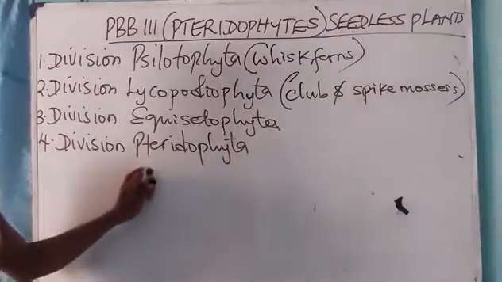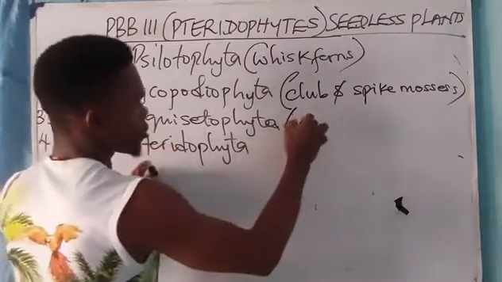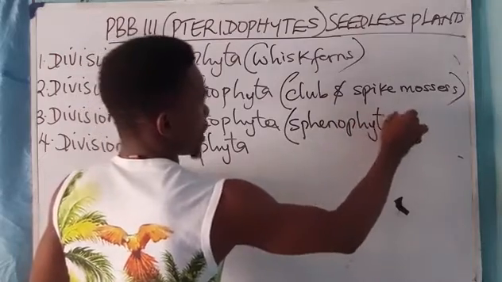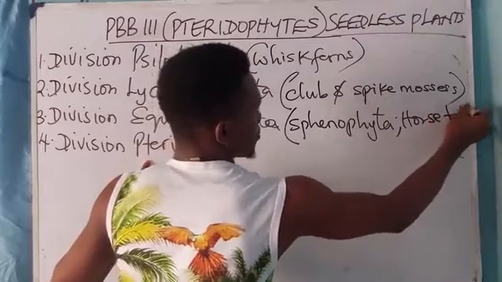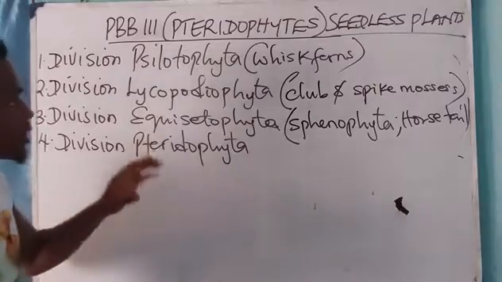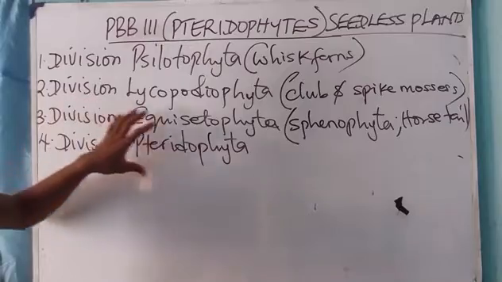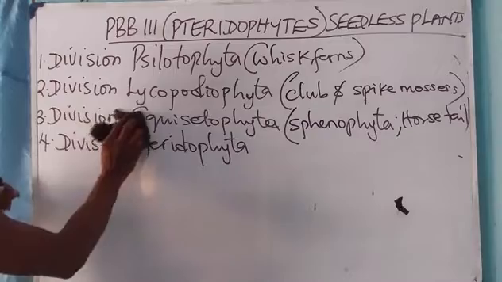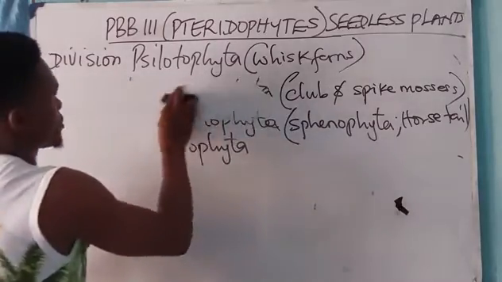Then the Equisetophyta is also called Sphenophyta, and that is where you have the horsetail. So in today's video, I'm going to be taking on the first two divisions, the Coelophyta and the Lycopodiophyta. Now let us analyze this first one first.